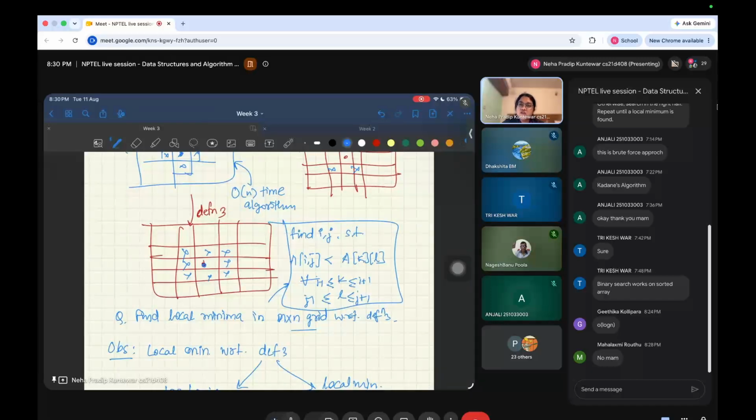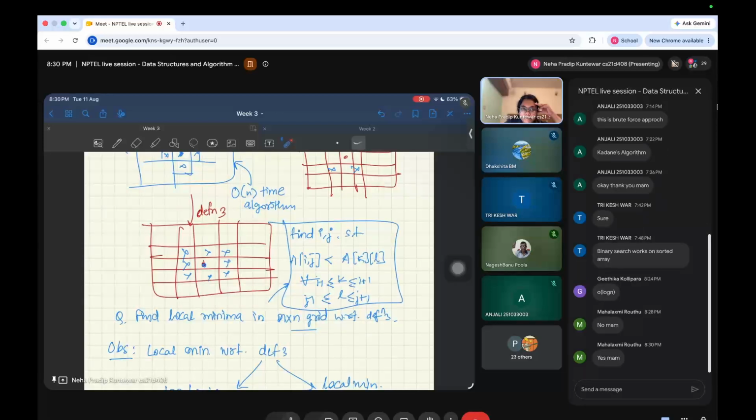So does the same algorithm work, whatever we did here? Does the same algorithm work here as well? Okay, so why is that?